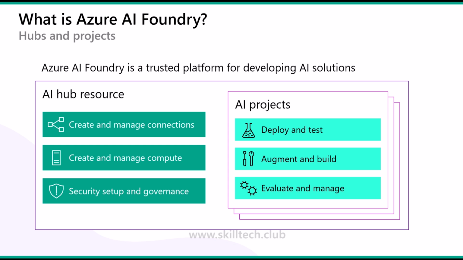You can evaluate model and application performance by using built-in or custom metrics, and you can also manage the deployments of your models and apps. All these things you can do inside AI projects. Just for your information, anytime you want to use Azure AI Foundry, you at least have to create one project inside one AI hub.